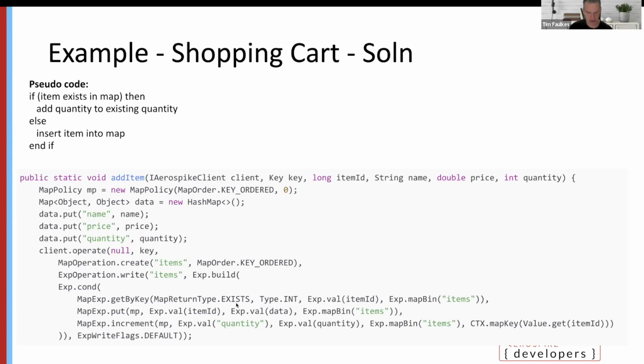And I'm looking to see, does this item ID already exist in the map? If it does, then all I want to do is put the items in. So I'm going to change this and say, insert these items, so this map into the map bin. I'm going to put this item ID.